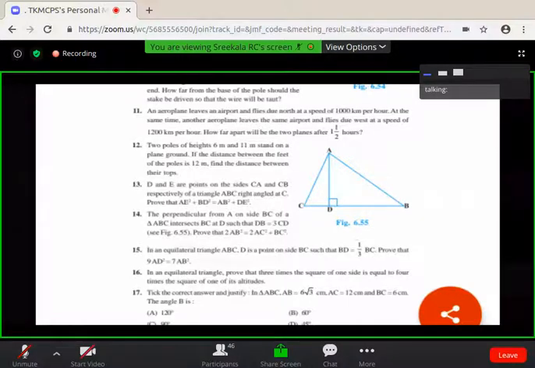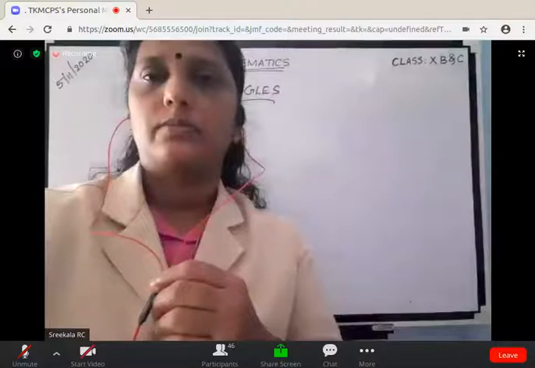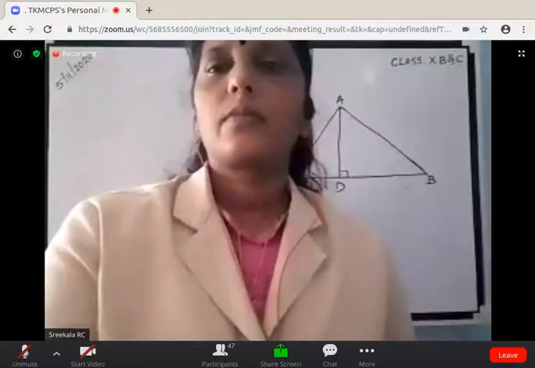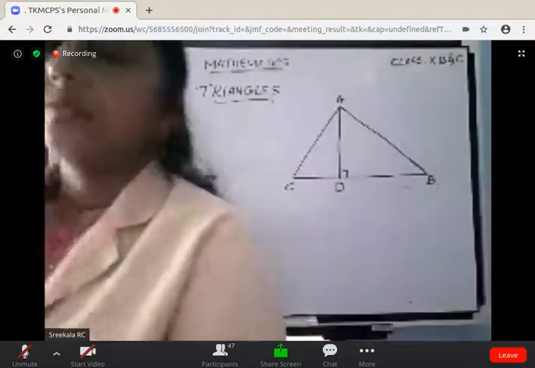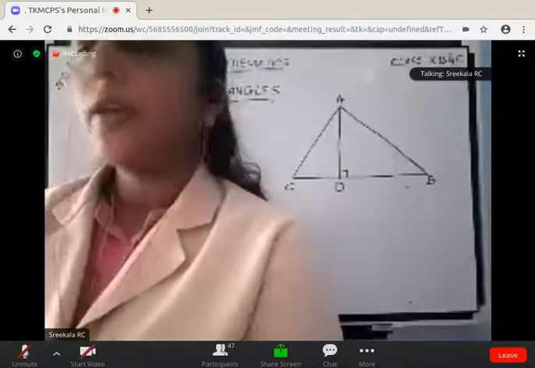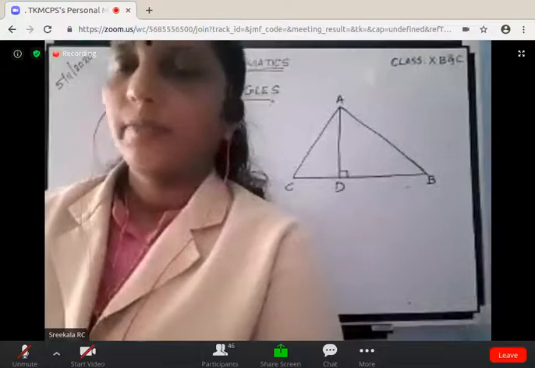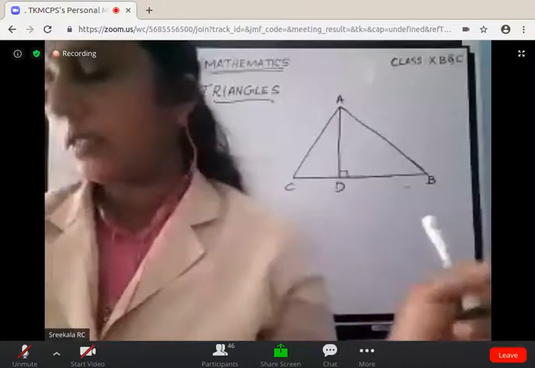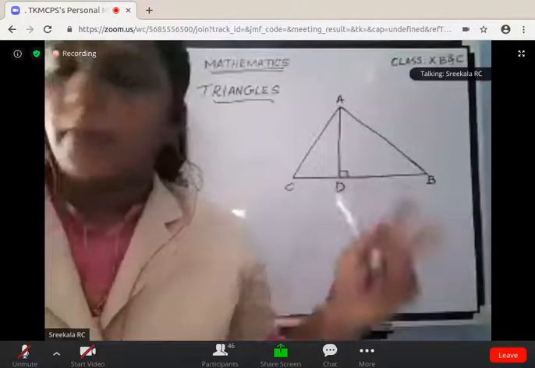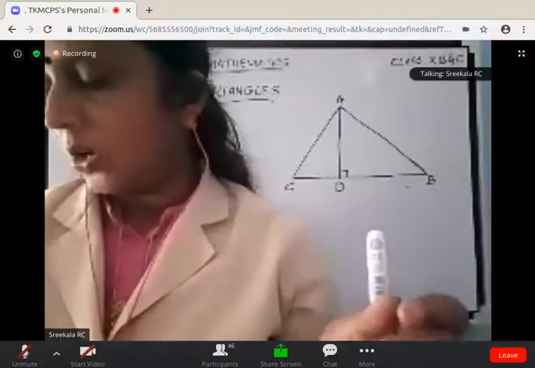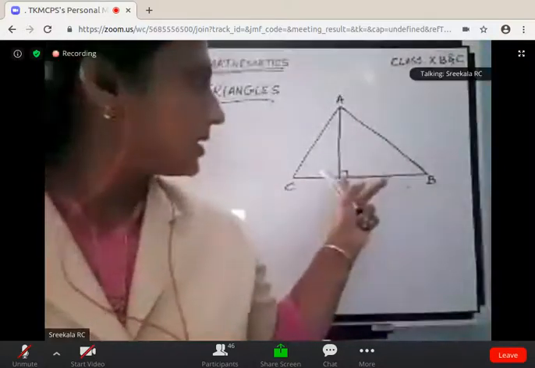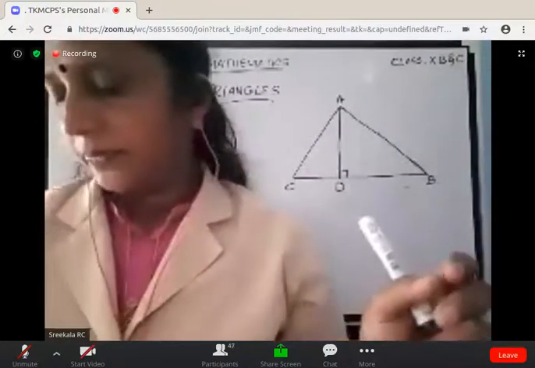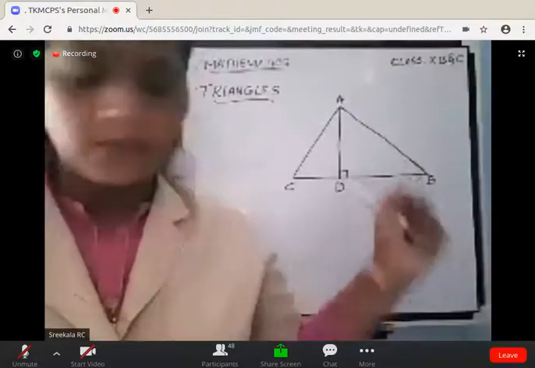Finish writing. Go through the question. Perpendicular from A on side BC of a triangle ABC intersects the side BC at the point D such that BD is equal to 3CD.